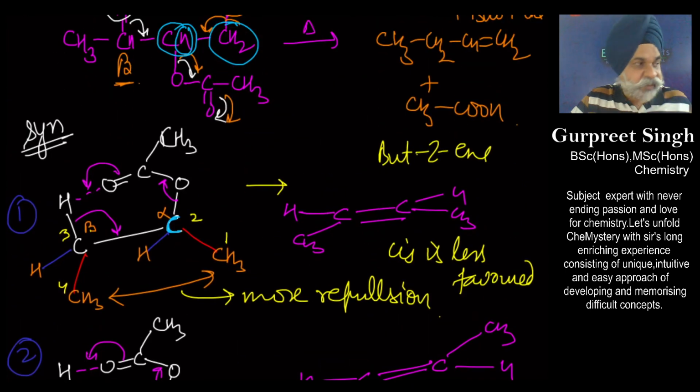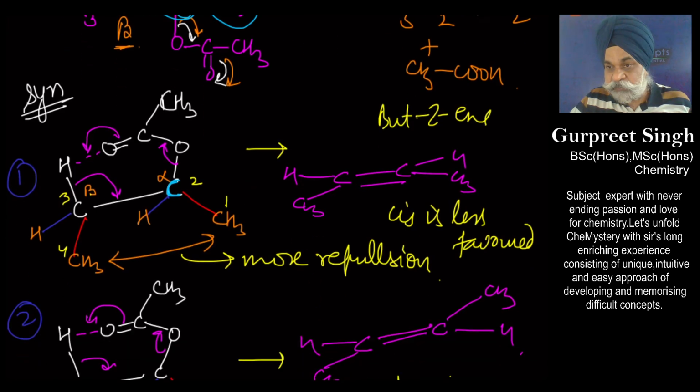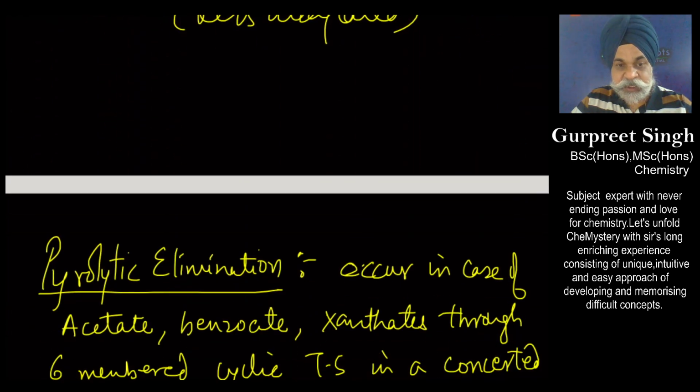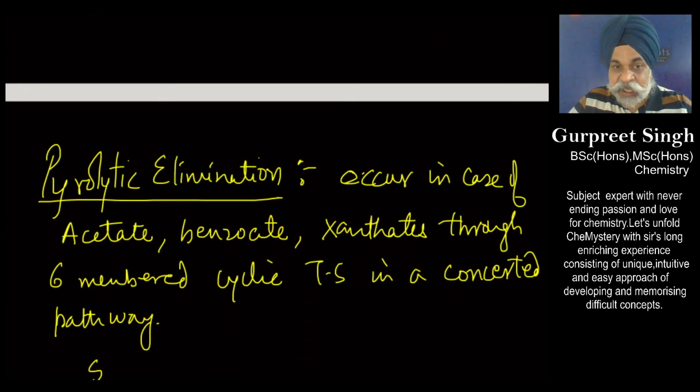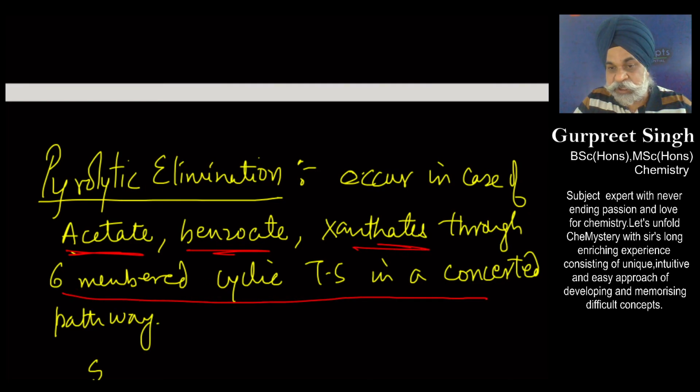So here is a very beautiful statement written for you, which I can show like this: pyrolytic elimination occurs in case of acetates, benzoate and xanthate through a six-membered transition state in a concerted manner or concerted pathway.